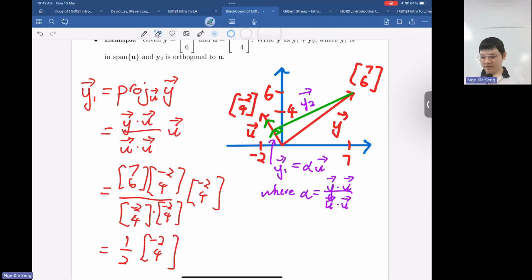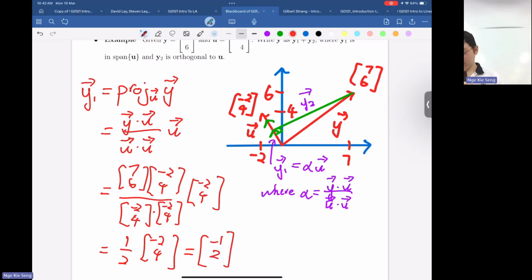No negative. To see whether your calculation makes sense or not, see where this vector lies. Negative 1, 2 also lies in the second quadrant. If you computed negative 1 over 2, what do you get? You get 2 and minus 4, so it's not in the span of u anymore.